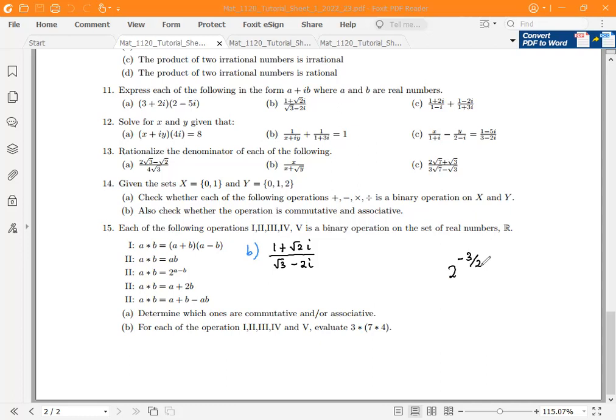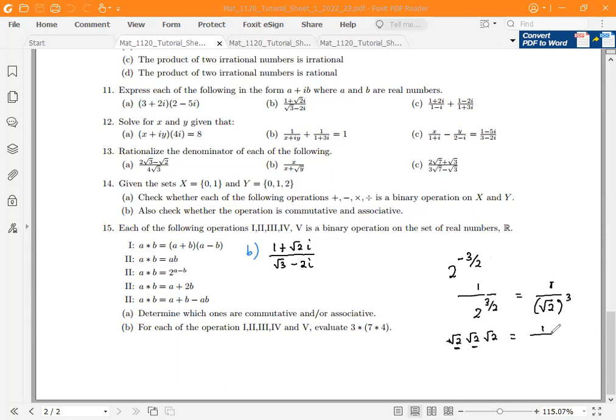Okay, so if you write it, it will be 1 over 2 to the power 3 over 2, which is 1 over the root of 2 to the power 3. And so you know that means root 2 times root 2 times root 2. Root 2 times root 2 is 2.